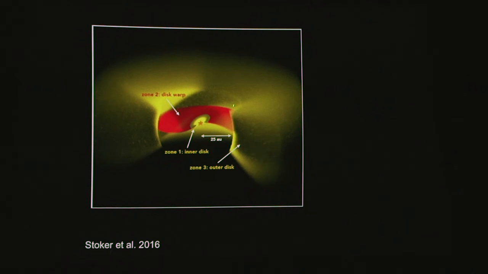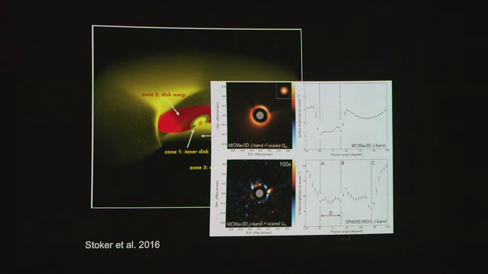And it's the fact that you have shadowing from this warped disk that connects the two disks that leads to these shadows that we see. And so they're able to, again, create simulations that do a relatively good job of recreating the shadow bands.